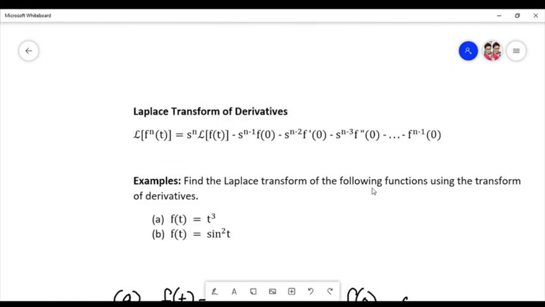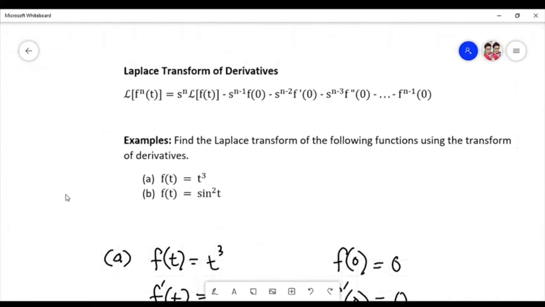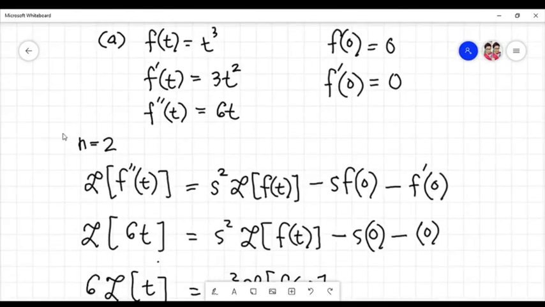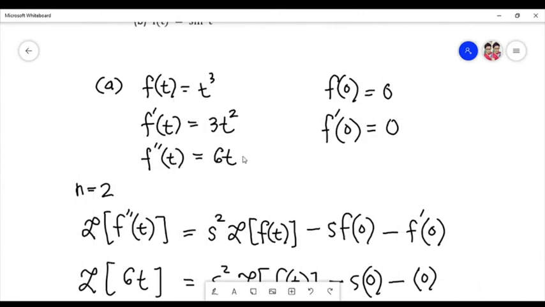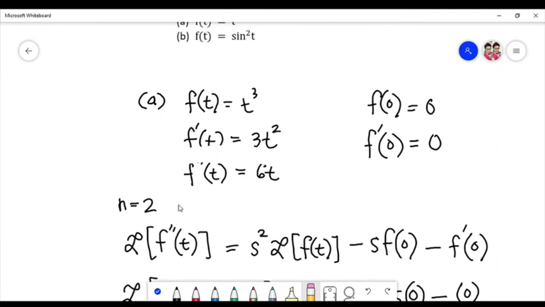And you should stop taking the derivatives if the highest derivative can be evaluated already using the fundamental formulas for Laplace transforms. Like here, we stopped with the second derivative, but actually we could also have stopped on the first derivative.